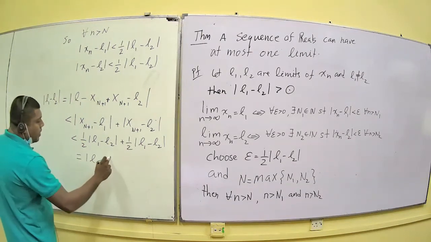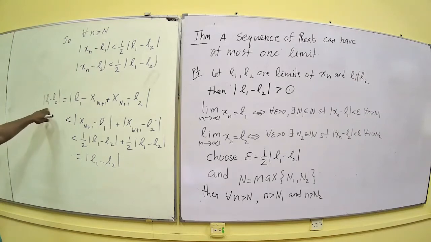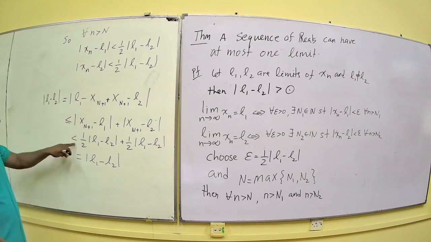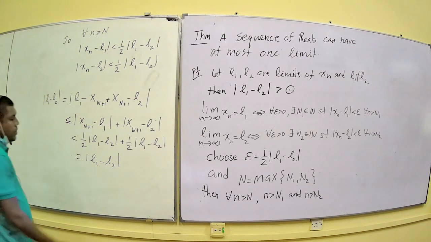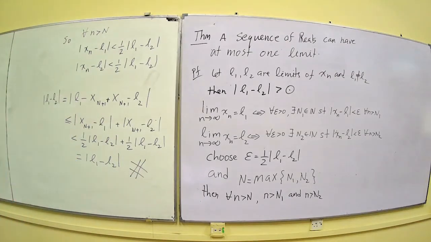That is actually |L1 − L2|. So what you have is |L1 − L2| strictly less than |L1 − L2|. That is not possible. The same value cannot be strictly less than itself. It can be less or equal, but cannot be strictly less than.